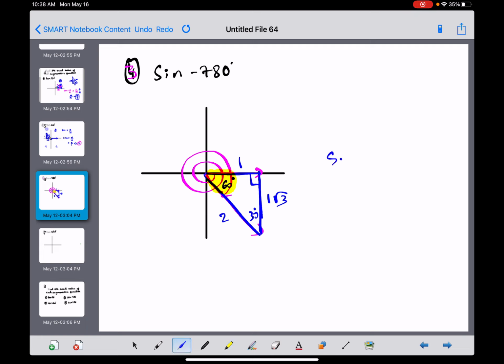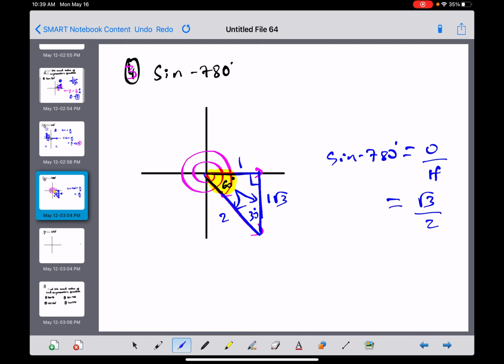Sine is opposite over hypotenuse. Opposite is square root of 3, and hypotenuse is 2. We don't have a square root at the bottom, so we're safe.